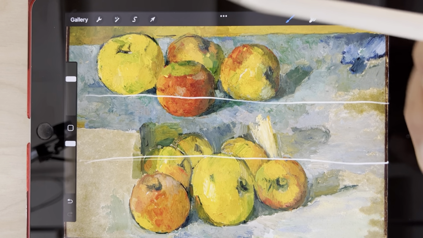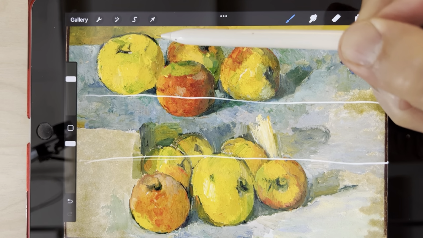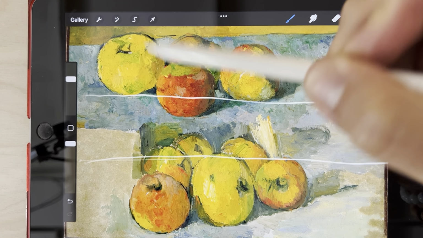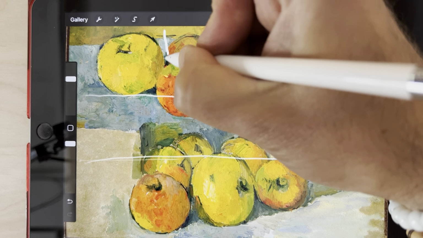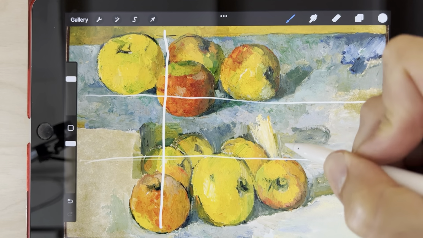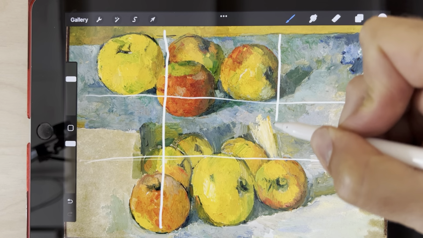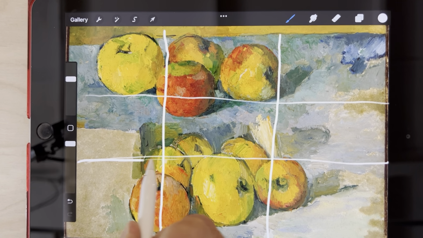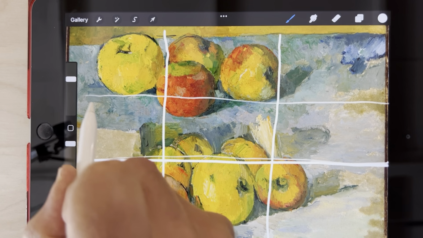We can see it very distinctively. See how this apple is on this side? That apple, because of the weight that it carries, divides the canvas right here. And then because the cluster is here, we've divided the canvas into thirds, as you can see right here.